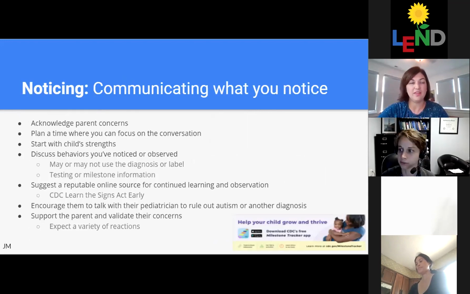So when I think about all this information and the role of everyone in this child's life, I'm wondering if anyone in this group has ever felt the need to have this difficult conversation and bring it to a parent's awareness.